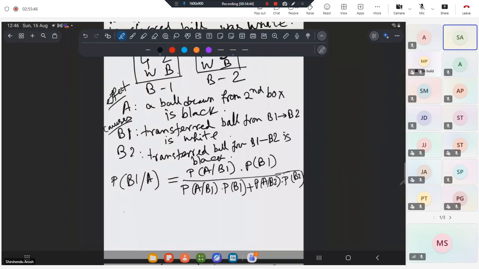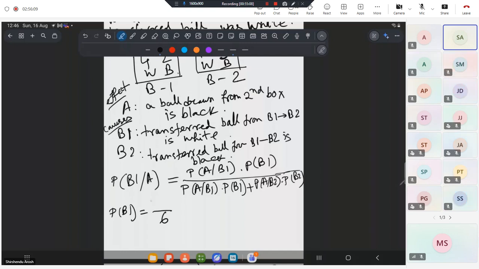What about P of B1? The meaning of P of B1 is that the transferred ball from box 1 to box 2 is white. Here box 2 is not involved; you are sending from box 1, so out of the 6 balls I have to choose 1 of the 4 white balls.